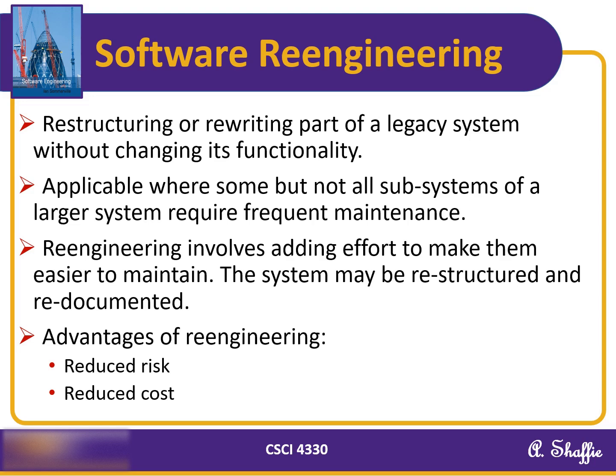This process involves modifying and updating a system or its components to make it more maintainable or enhance its functionality without changing its core purpose or functions. Reengineering is particularly useful when only some parts of a large system require frequent maintenance, rather than the entire system. It allows us to restructure and redocument these components to make them easier to maintain.